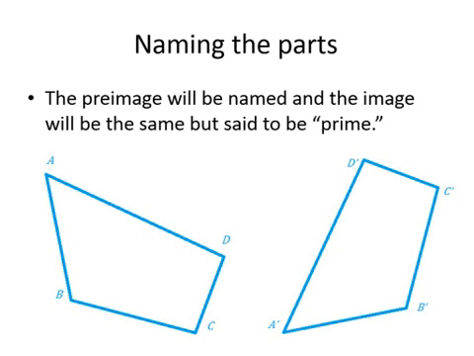The new image is going to be the primes. The original image is going to be just whatever the letter is. If you see it written, the one on the right would be your image, the one on your left would be your pre-image, because of the little apostrophes and which one is prime and unprime. That prime notation comes up more often in other branches of math, so that little apostrophe is something you'll see fairly commonly.